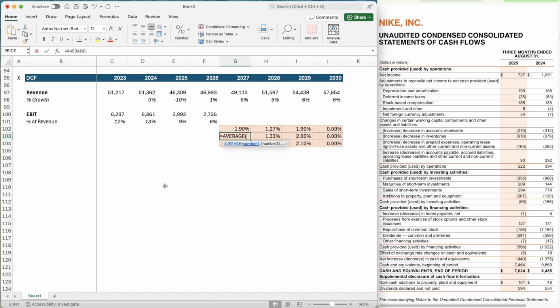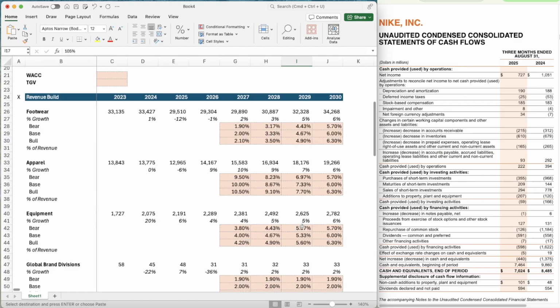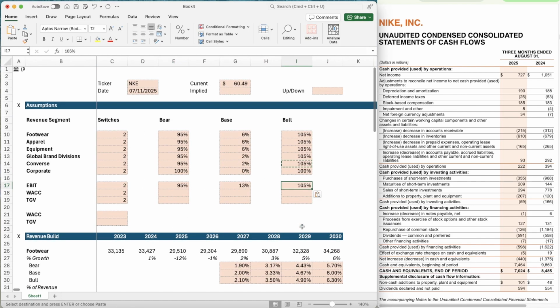We will say this is an average, and we will forecast it to go to, let's anticipate that this will go to 13% by 2030.